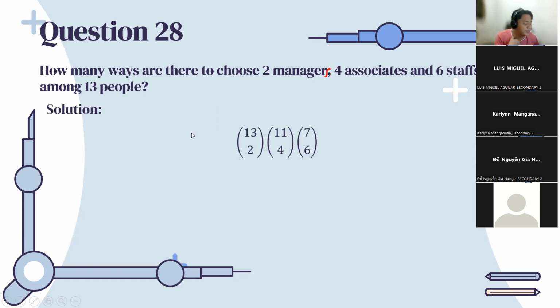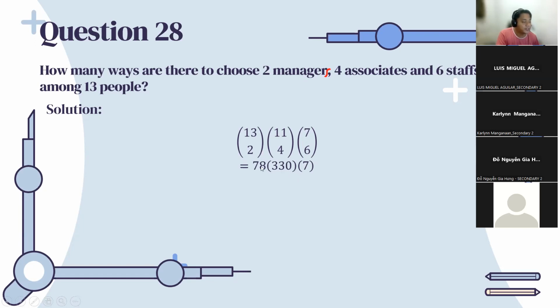Of course, we need to choose two managers, so 13 choose 2, multiplied to getting 4 associates from the remaining. 13 minus 2 is 11, so 11 choose 4. And then we have 7 people left, so we choose 6 staffs out of the 7. So that will be this expression.